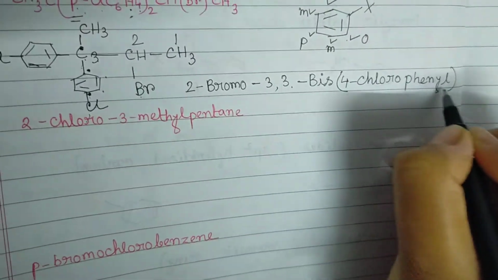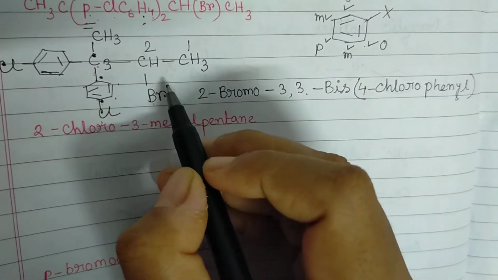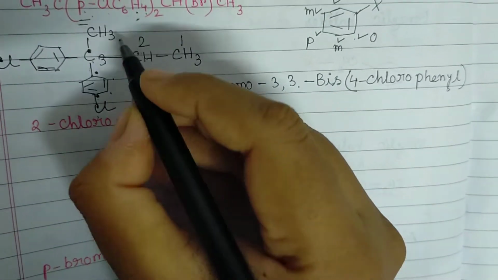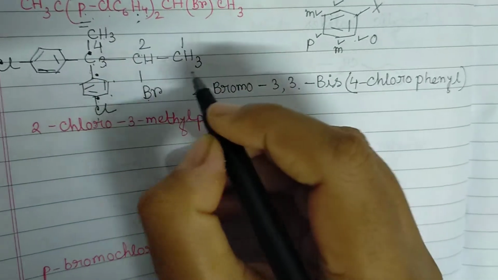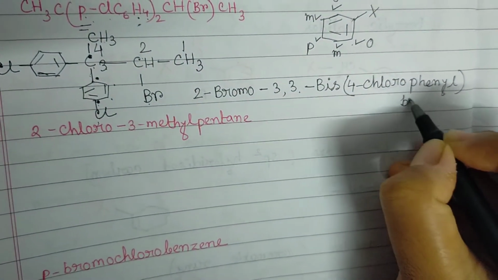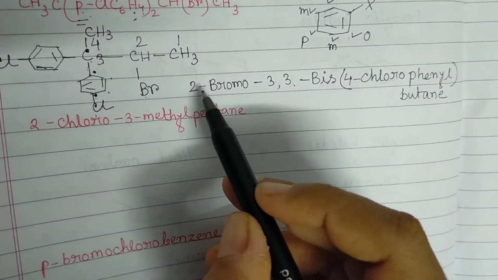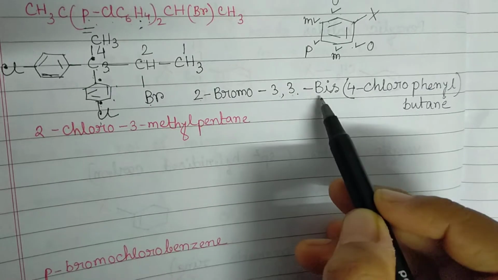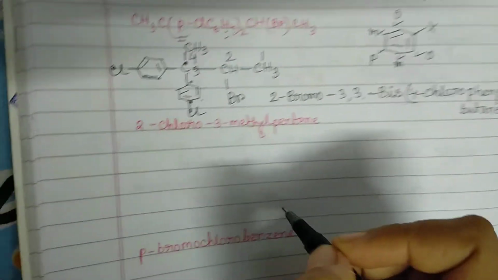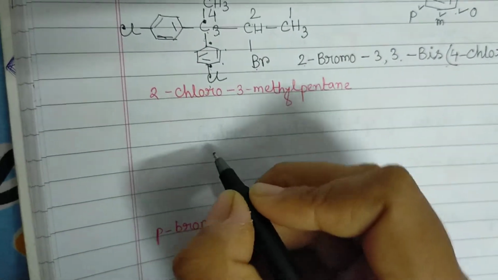So 4-chlorophenyl, and then the name of the main chain which is formed by this 1, 2, 3 and 4 carbon. This is actually the 4 carbon, so it will be butane. So the name of the compound will be 2-bromo-3,3-bis(4-chlorophenyl)butane.